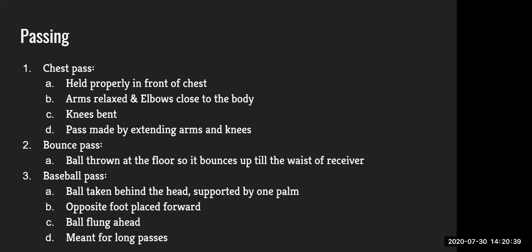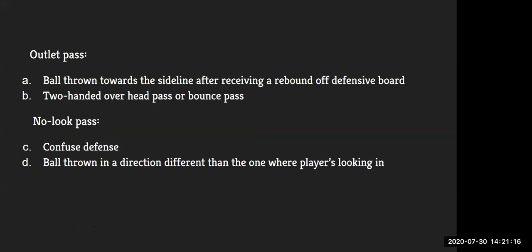Then your opposite foot is placed forward. Next is the outlet pass. It's when you get a rebound on the defensive side, which is on your own side, when the opponent shoots, and you get the rebound, and you pass the ball to the point guard so he can take the ball ahead.